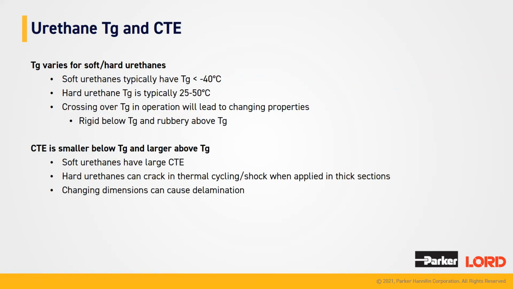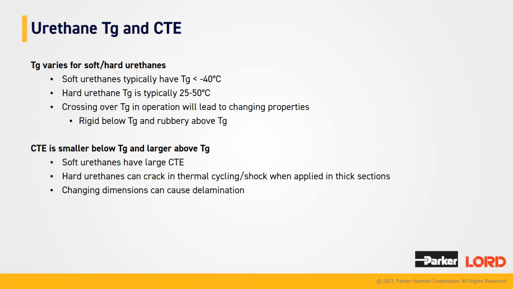Early in our presentation, Will did a wonderful job of summarizing glass transition temperature, also known as TG, and coefficient of thermal expansion, also known as CTE. I'll briefly go over their relationship to our urethanes. We offer both soft and hard urethanes, which provides a range of TG values. Soft urethanes typically have TG values of less than -40 Celsius, while the harder urethane TG are between 25 to 50 Celsius.